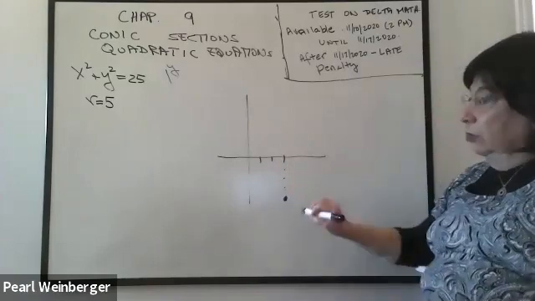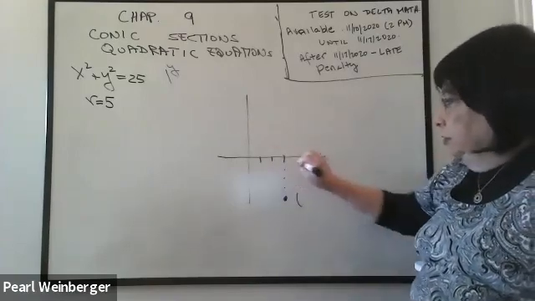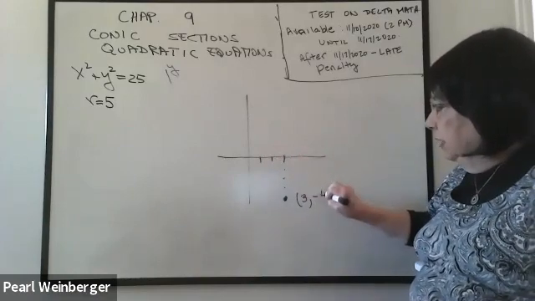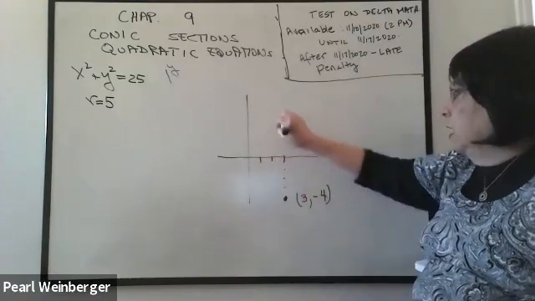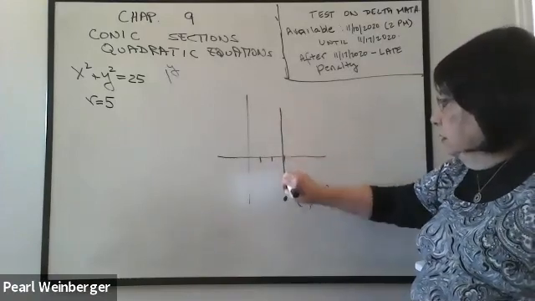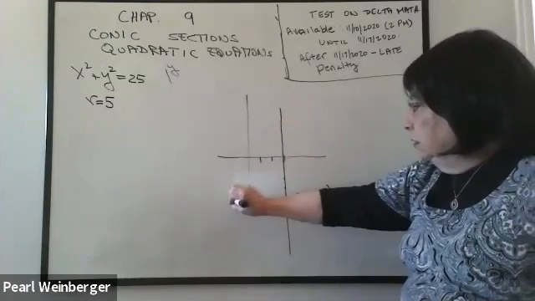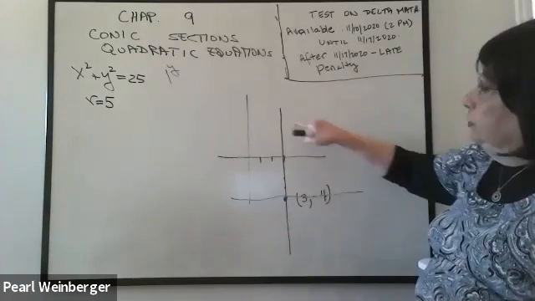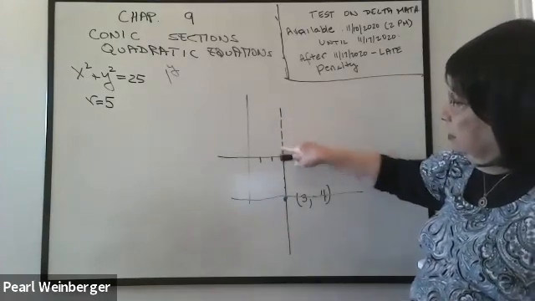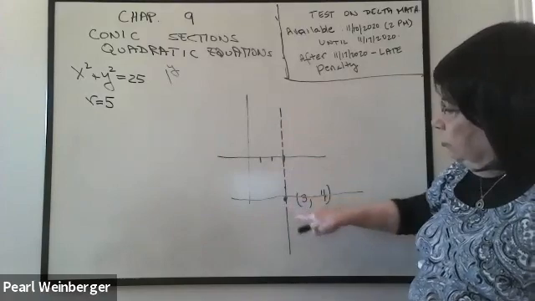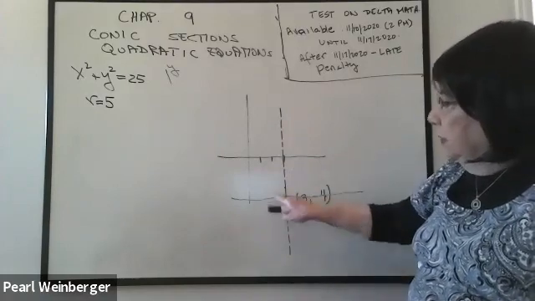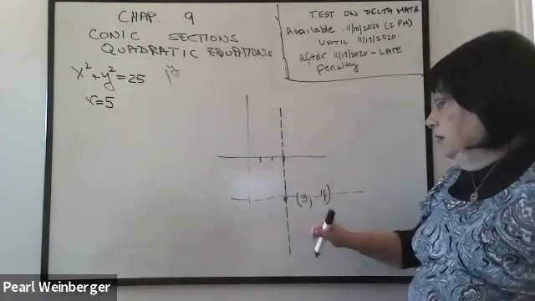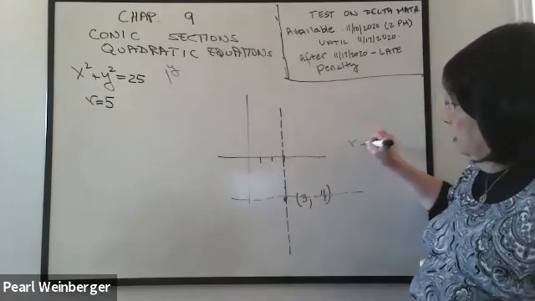Suppose I have a circle whose center is 3 across and 4 down, in other words, at the point 3, negative 4. I'm drawing these lines so I can draw. These are not really part of the graph. I really probably should draw them as dotted lines because they're just there to help me draw. And let's say my radius is 5.